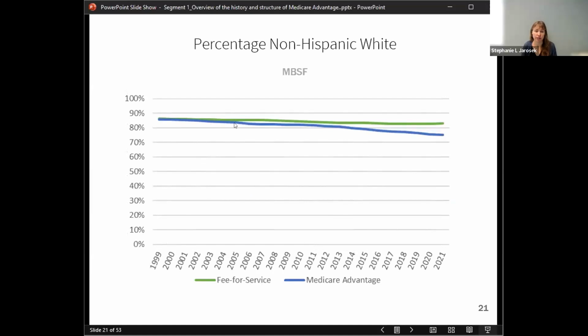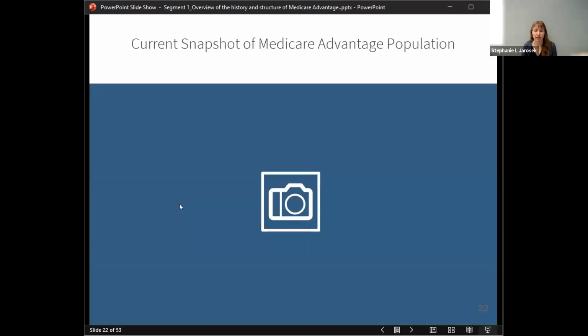It used to be much more similar and now has definitely changed, or it's separating. The fee-for-service is a much higher percentage non-Hispanic white than the Medicare Advantage plans. Part of that might be where the plans are operating geographically, but we'll talk a little bit more about that.